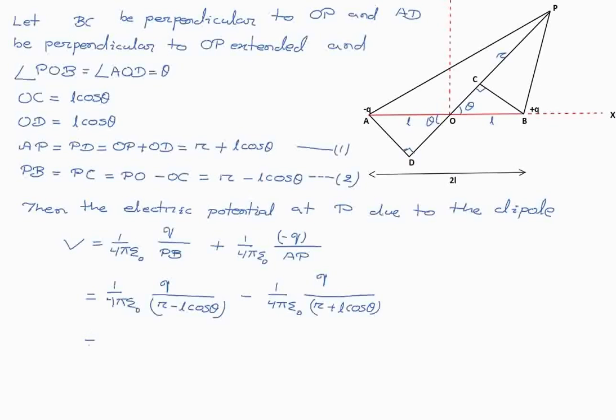So this is equal to q by 4 pi epsilon naught, which is common, into 1 divided by r minus L cos theta, minus 1 divided by r plus L cos theta.